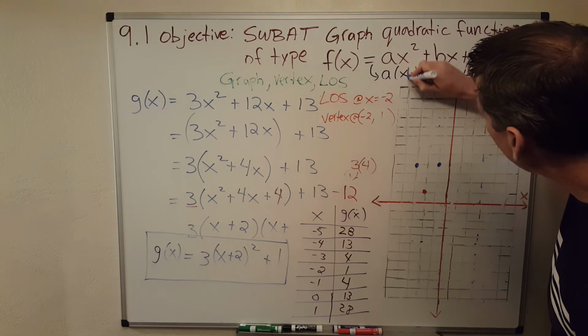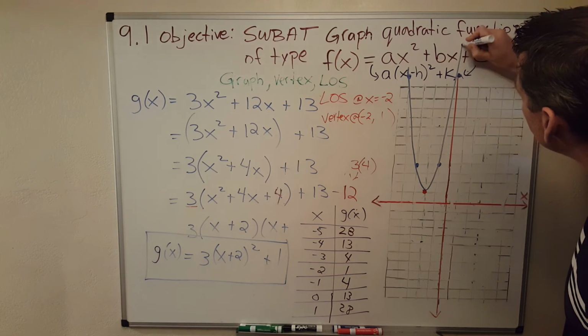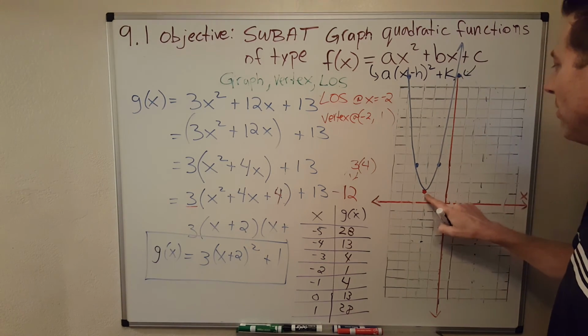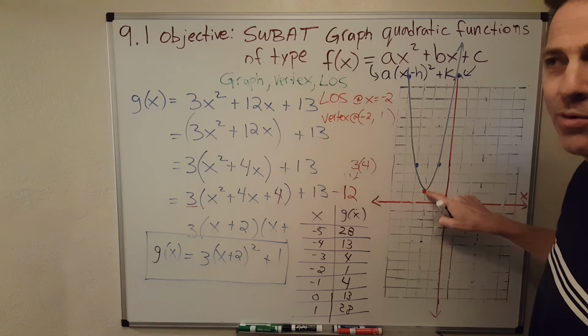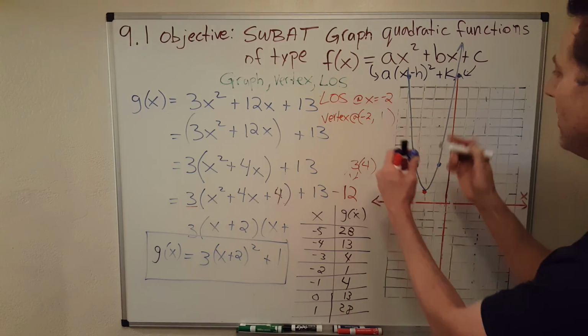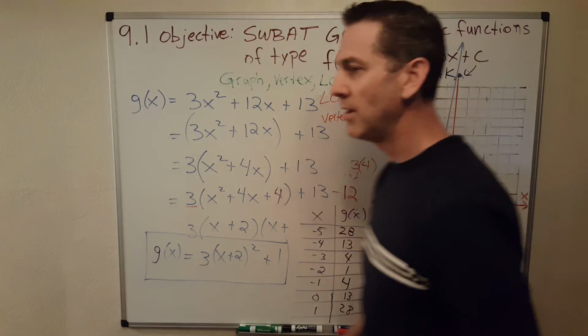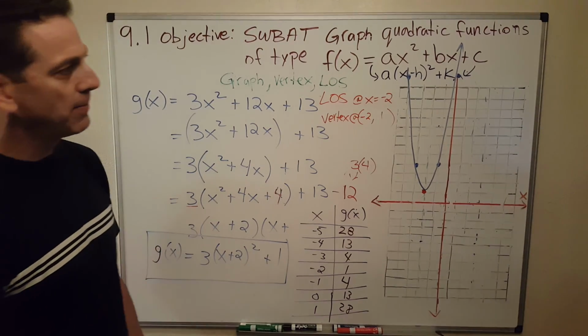So when we plot this, just remember when you make your parabola, this is not a point. It's actually a rounded end. But this is a very narrow parabola, again because a was greater than 1.